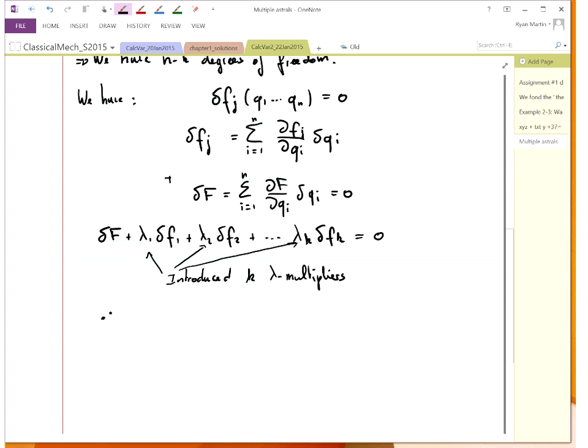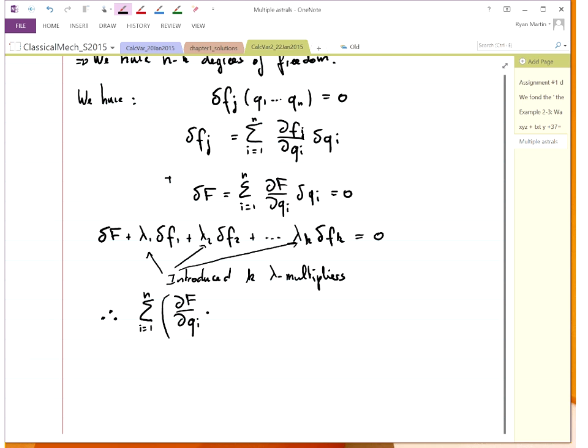So I can write this equation using the chain rule. So I have the sum from i equals 1 to n. The delta F term is going to have a ∂F/∂qi. I'm going to factor out the delta qi since the lowercase f's also have delta qi's in them.